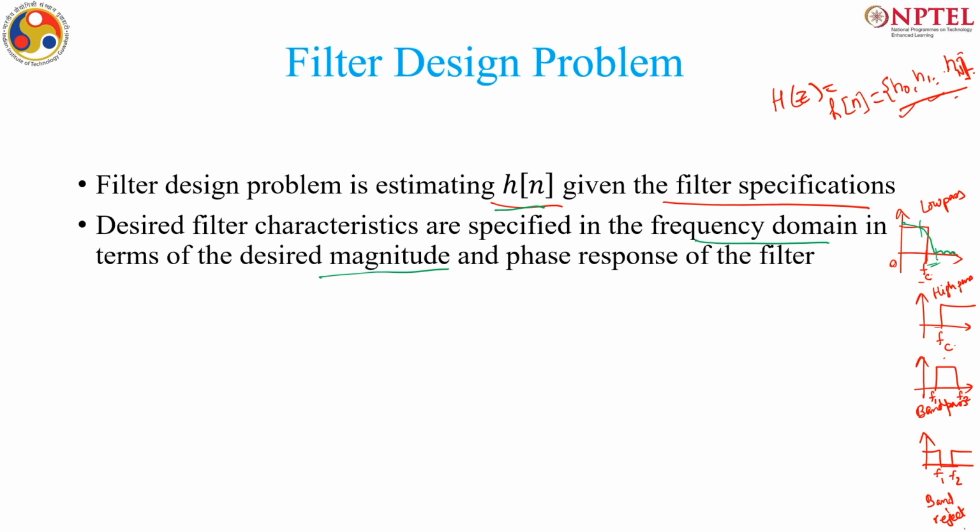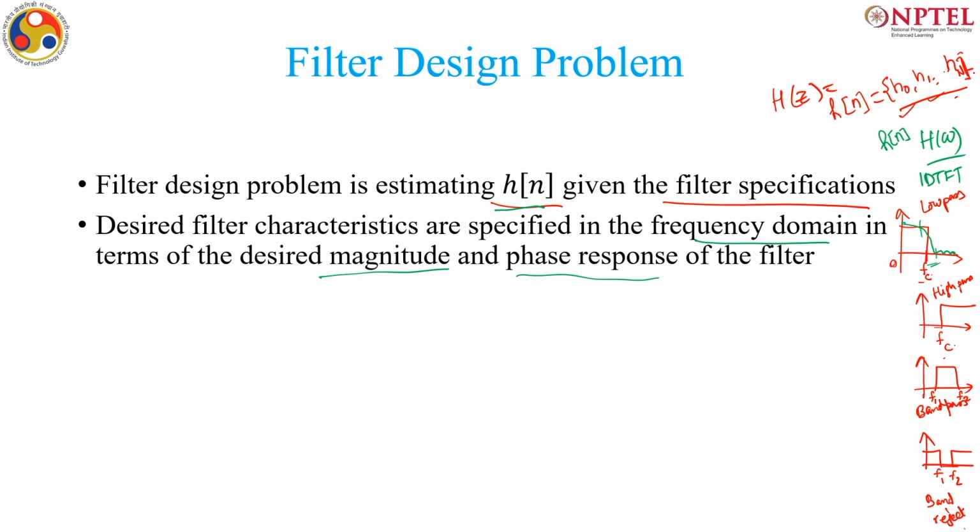Like I can give you the magnitude response of the filter or the phase response of the filter, and you have to get the h(n). Now, you may feel that okay, that is pretty simple, because when I know the magnitude and phase response, I know my H(omega), right. And then if I take the IDTFT, then I can get my h(n), right.